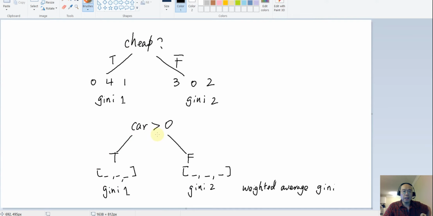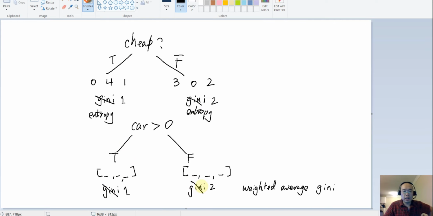And after that, instead of Gini 1 and Gini 2, now let's do entropy 1 and entropy 2. And we want to do that for the chip, and also we want to do that for the car ownership.